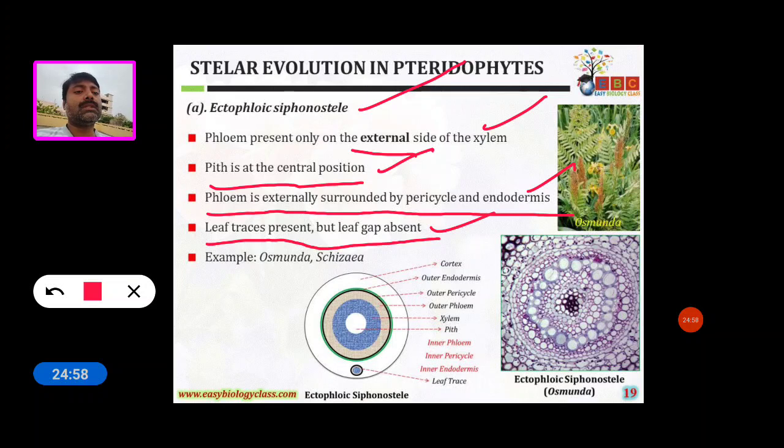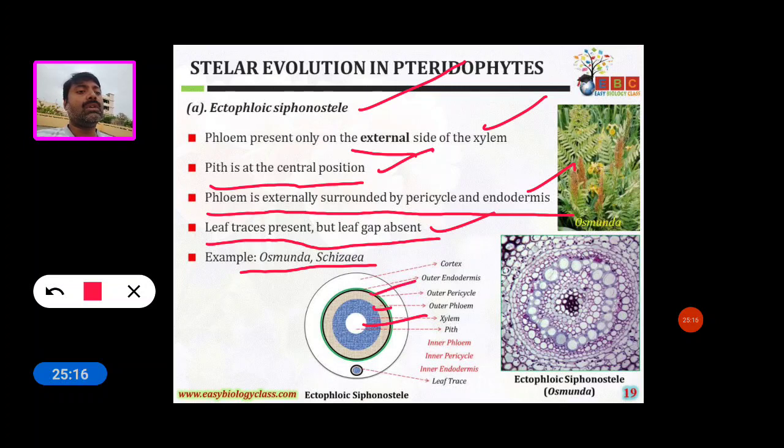This type of stele we can see in Osmunda and Schizaea. This is the pith, and this is the xylem, and the xylem is surrounded by the phloem.